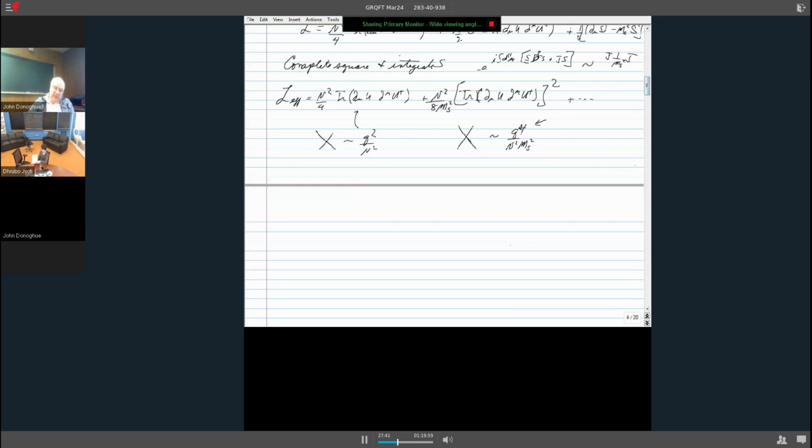All right, it's going to look like roughly, dimensionally, q to the 4th over v squared m_S squared.